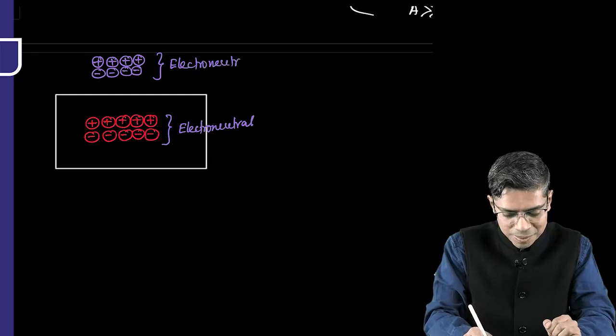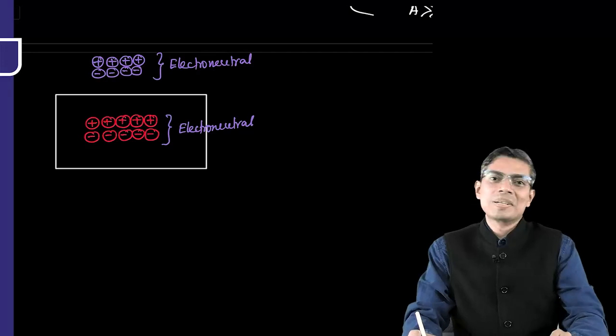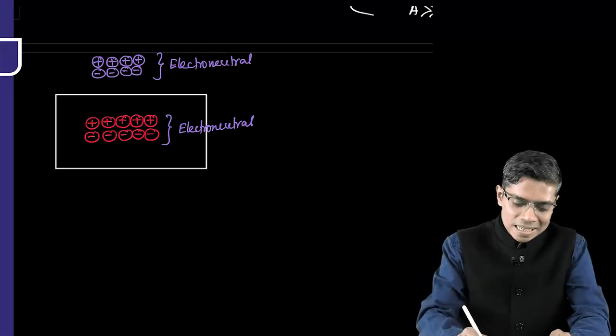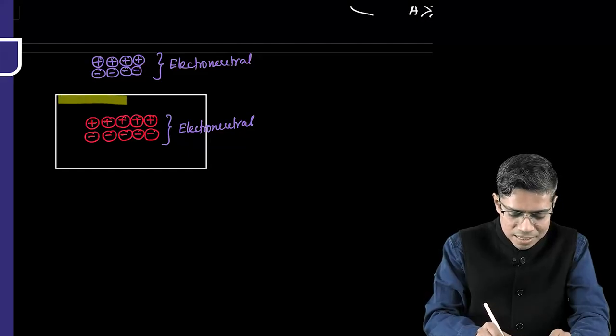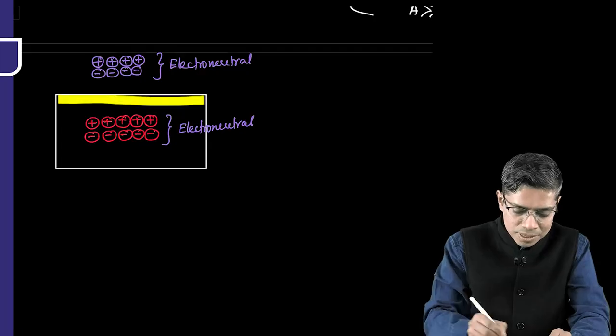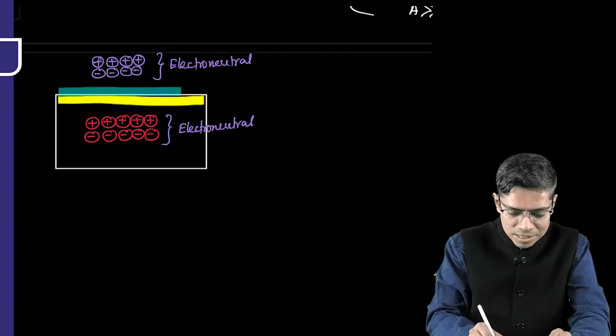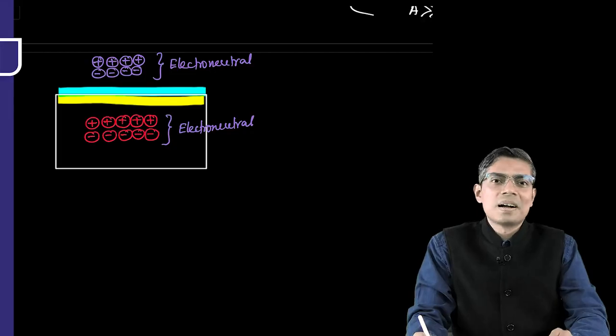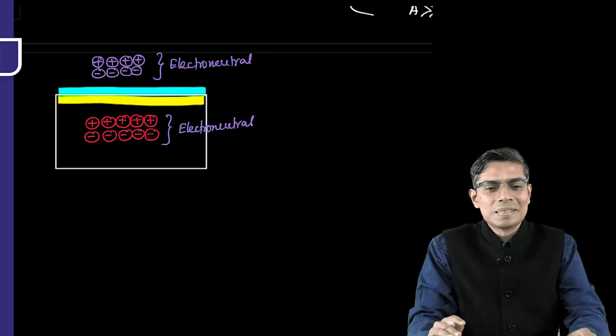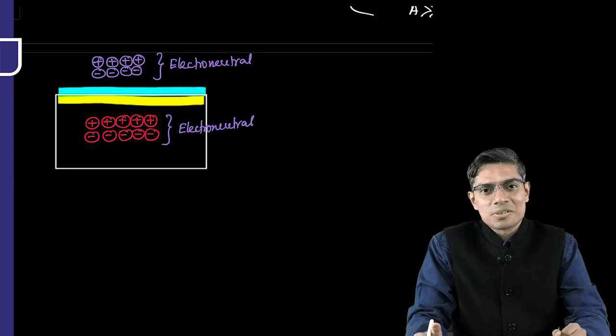electroneutral. But still we are saying that if we measure the charges between the inside of the cell membrane with respect to the outside of the cell membrane, there will be a difference in charges, a difference of voltage, and that is known as RMP. So this looks like a contradictory statement.